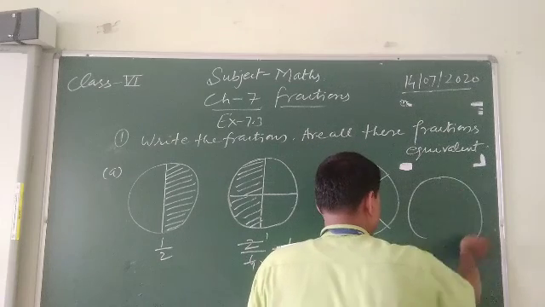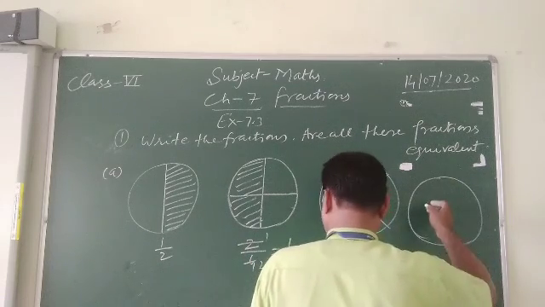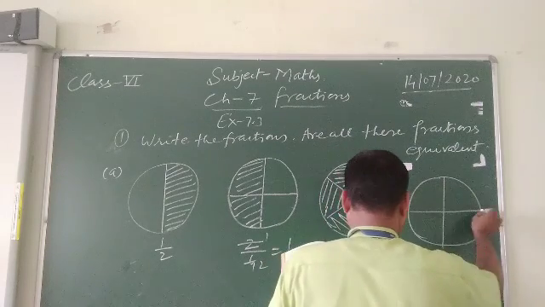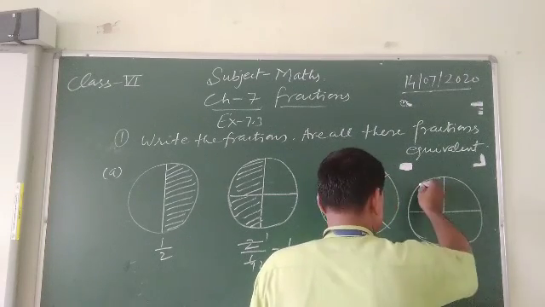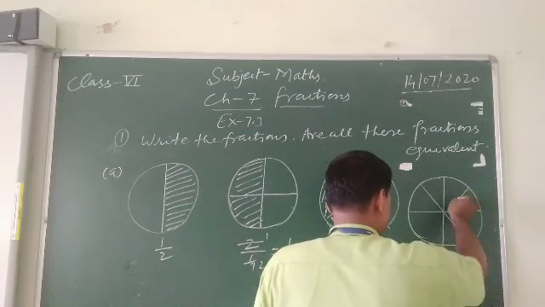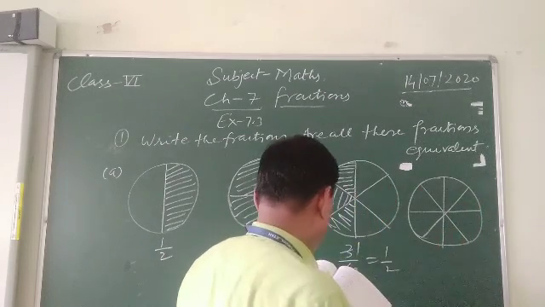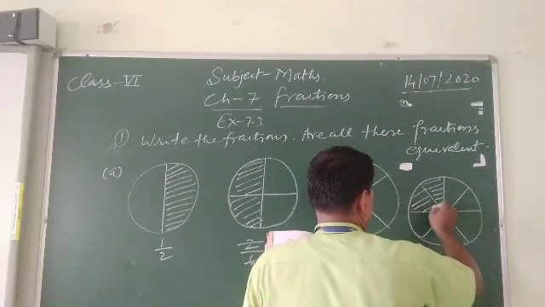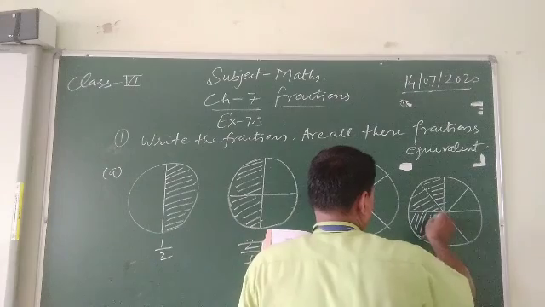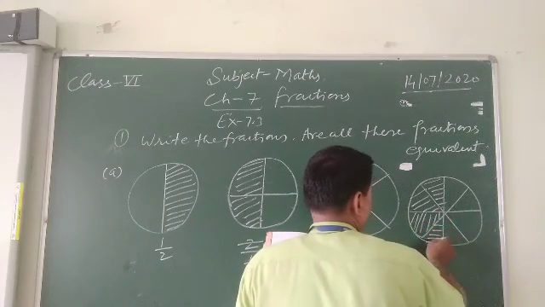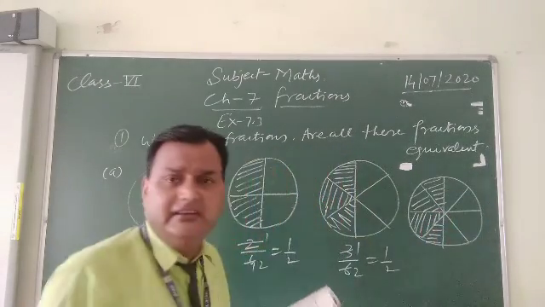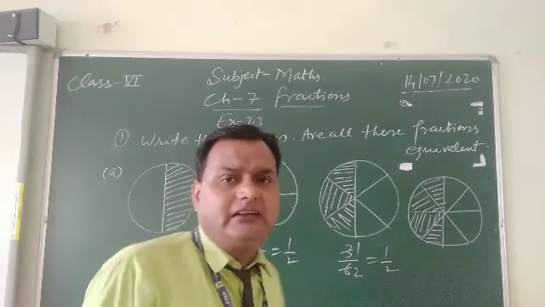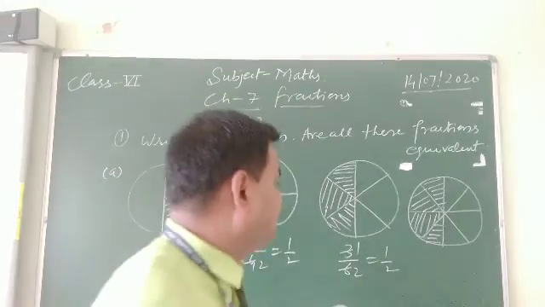Now another part. Yes, here this part is colored, this part is also colored, and this part is also colored. So there are 8 parts in which 4 parts are colored.